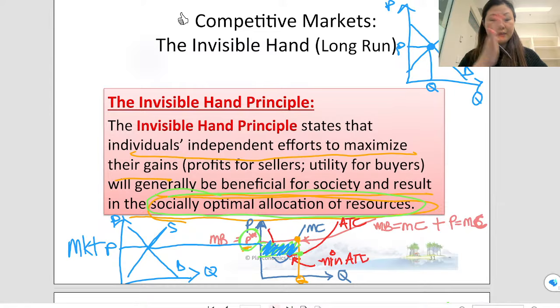Let me go back. So this is not just because the surplus is maximized.